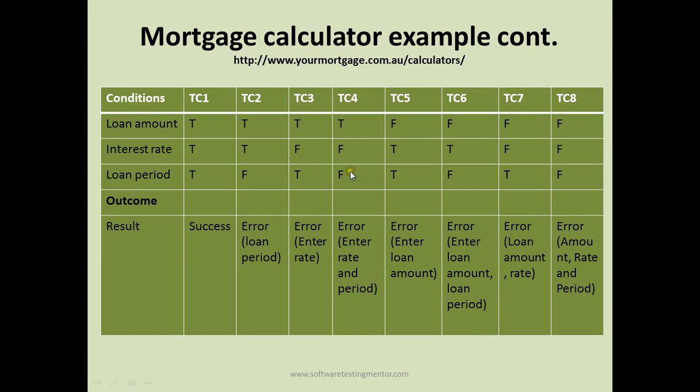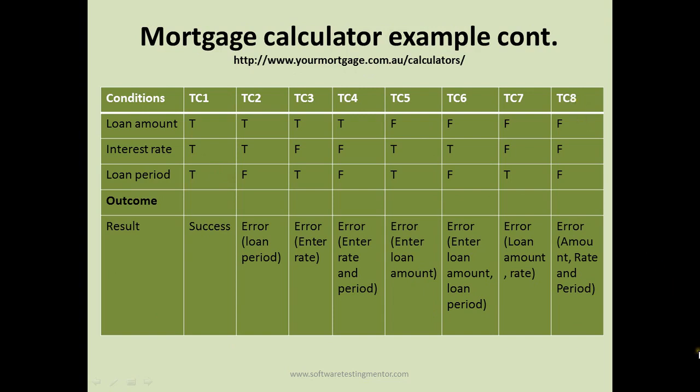So if interest rate and loan period are missing, then it should give you a proper error message stating that interest rate and loan period are missing. You can just go to this URL and use this decision table to test these different test cases.